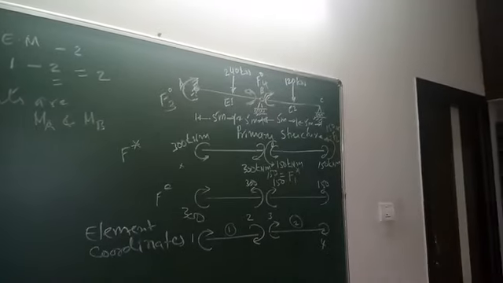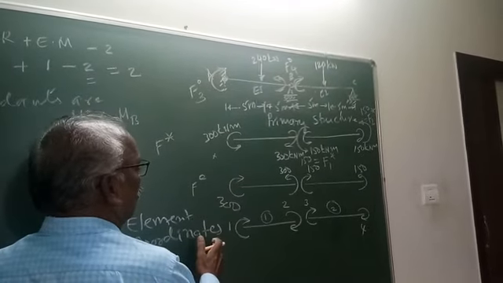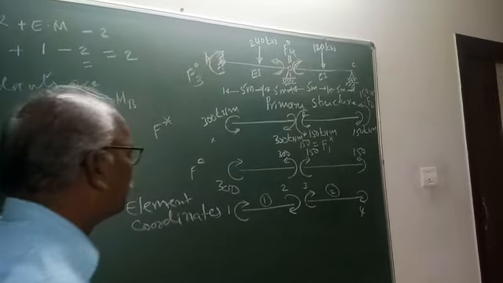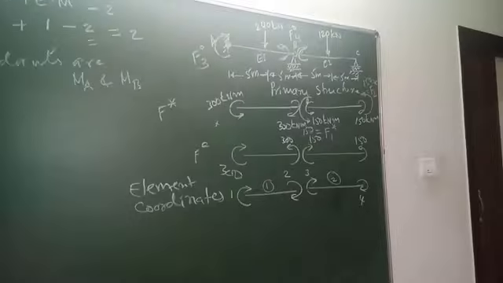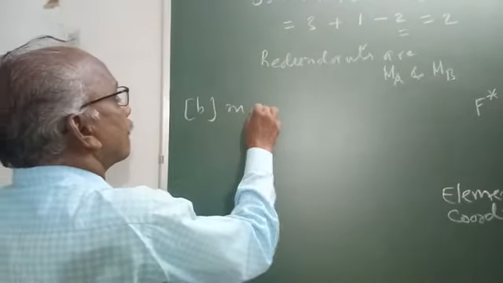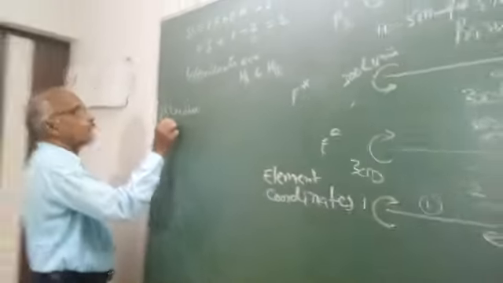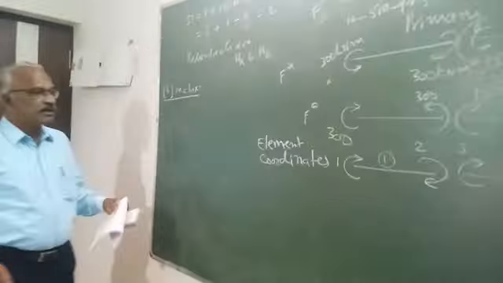So after determining the system forces, element coordinates, redundant forces, etc., next thing is formation of the B matrix. Again we are going to apply the principle of superposition of forces.